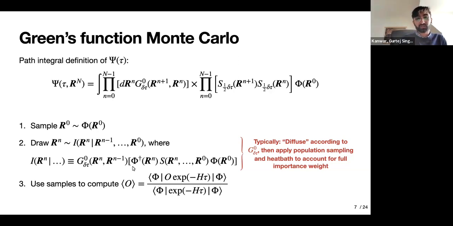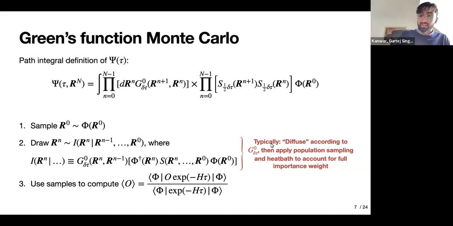Because of course the diffusion term alone clearly is not going to tell you anything interesting about say the binding of nuclei or anything like that, or any interaction. It's just a free theory if we only simulate according to this.